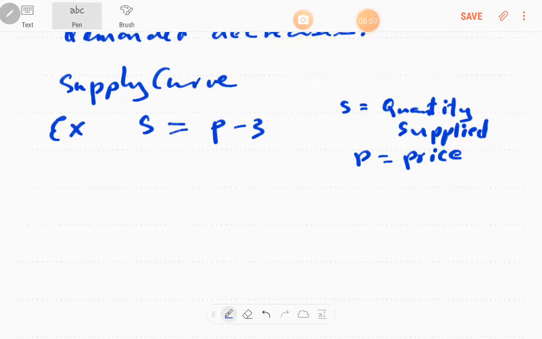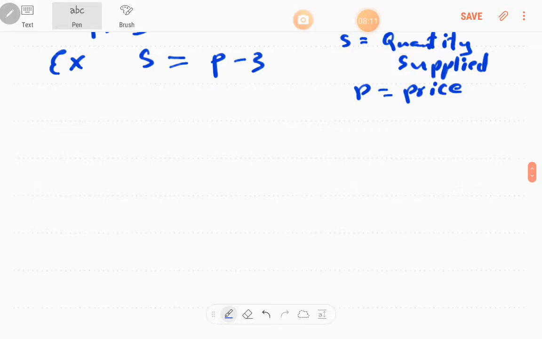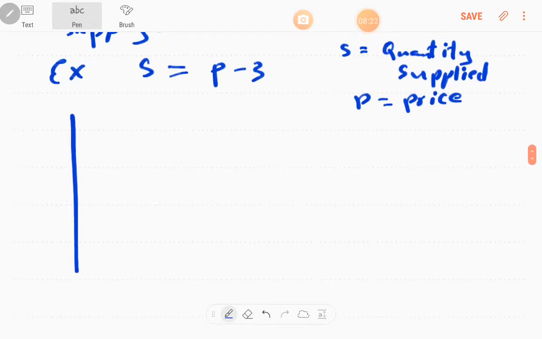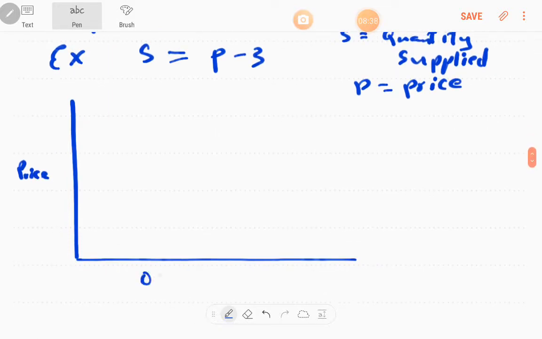Now, once again, we could graph this function. So here, once again, price goes on the y-axis and quantity goes on the x-axis.